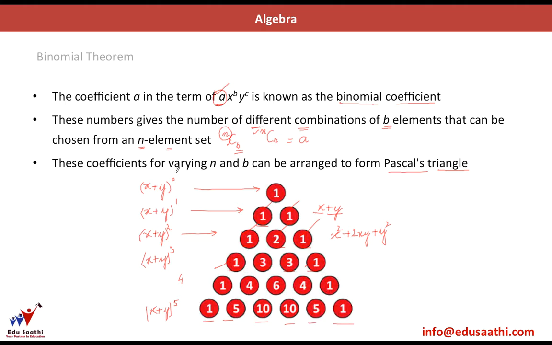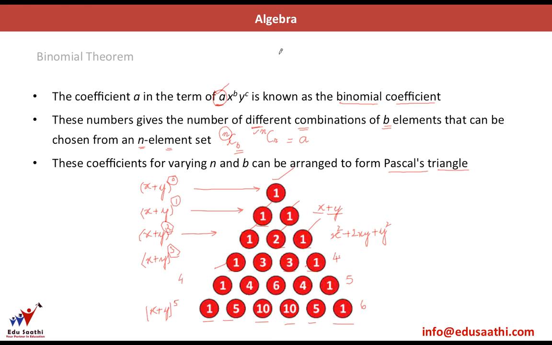So if you look at it, if it is raised to power 0, I have one term. If it is raised to power 1, I have actually two terms. If it is raised to power 2, I have three terms. If it is raised to power 3, there are four terms. If it is raised to power 4, there are 5 terms. If it is raised to power 5, there are 6 terms.